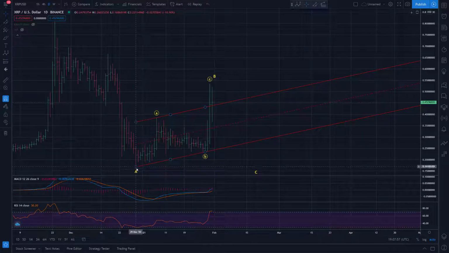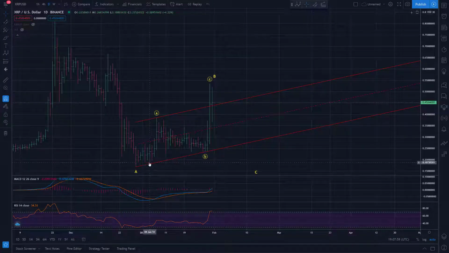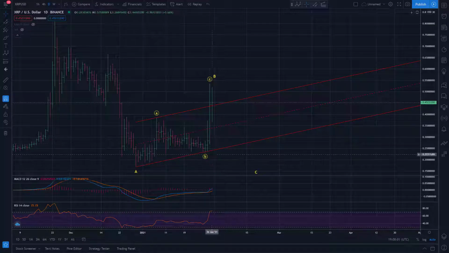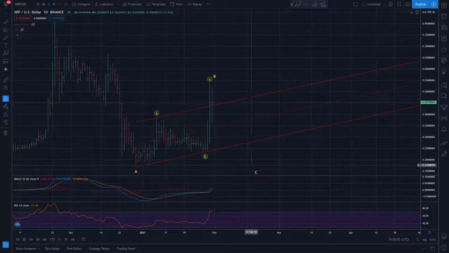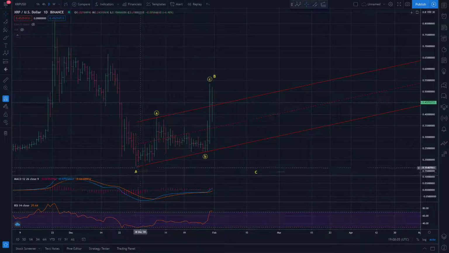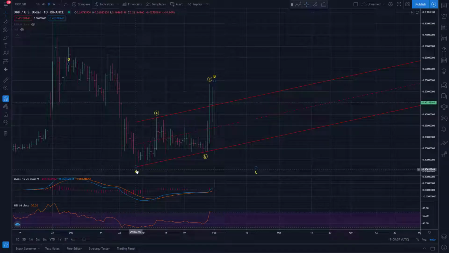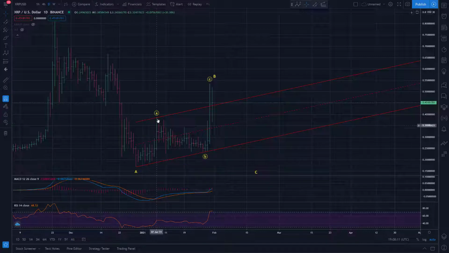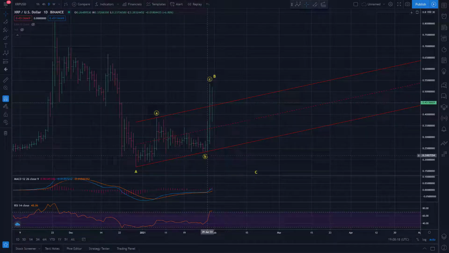I mean, it's possible this is a major bottom at that 16 cent level, and then we're starting a 1, 2, 3, 4, 5 up. It is possible, but I have trouble adopting that. Just even given this doesn't really look like a wave 1 up. Okay, it's hard to get a 5 out of that. This obviously looks fine for a B wave, a nice choppy corrective move. And this looks somewhat impulsive, but it is faltering here.